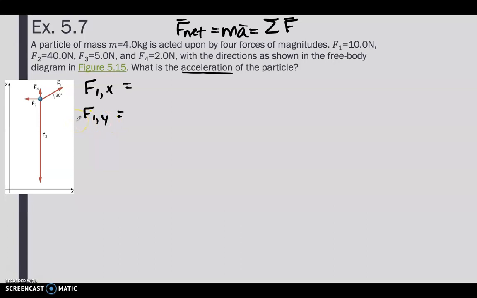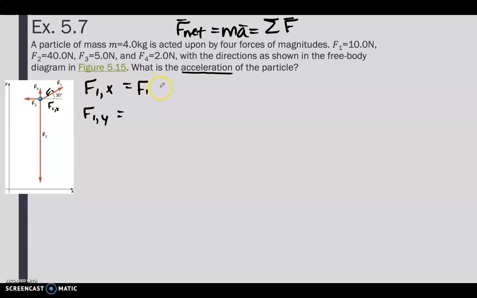Now you can use your trigonometry, and we also talked about this in last week's videos. We can calculate this: it's going to be the magnitude of the force multiplied by the component here, which is adjacent over our hypotenuse F1.